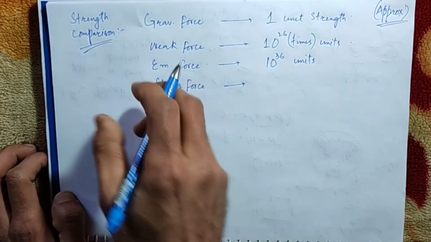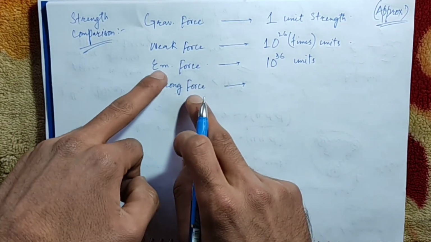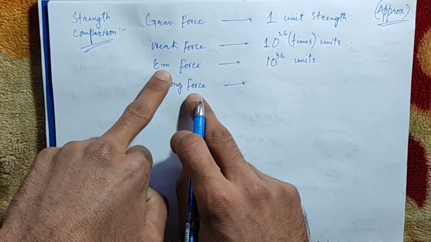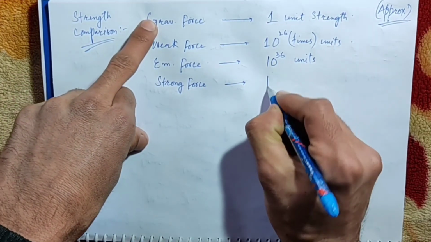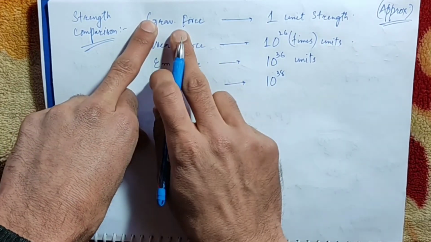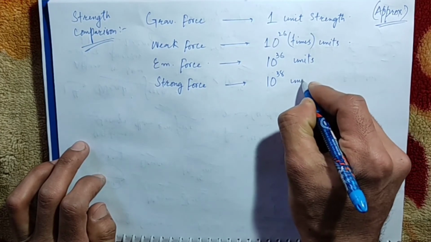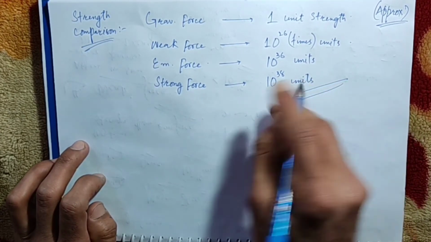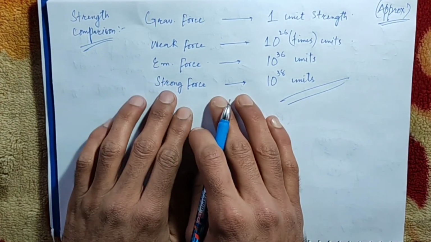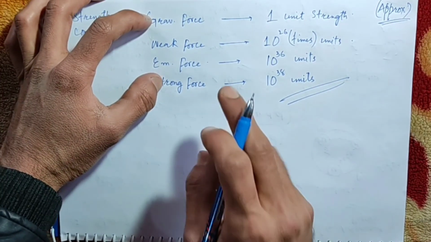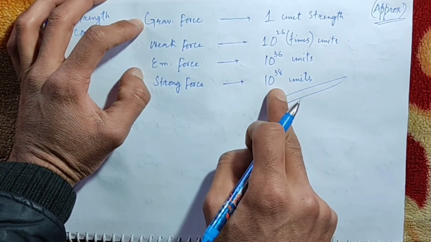And the strong force, as I earlier told you, is 10 to the power 2 times, that's 100 times greater than electromagnetic, which means that strong force is 10 to the power 38 times more strong than gravitational force. See how much weaker this gravitational force is and how much strong this strong force is.